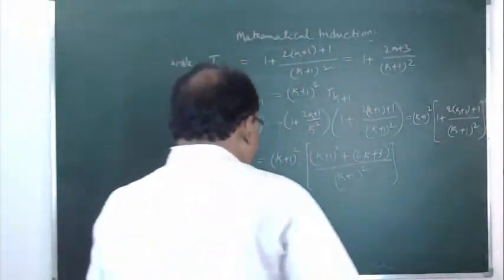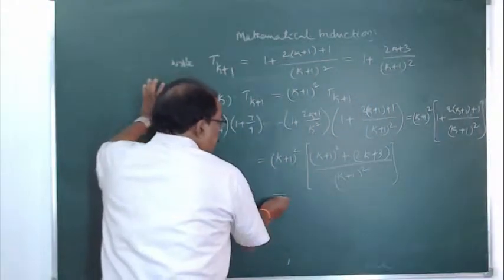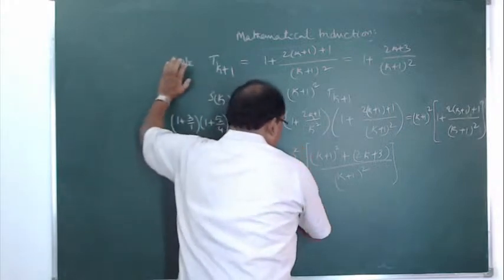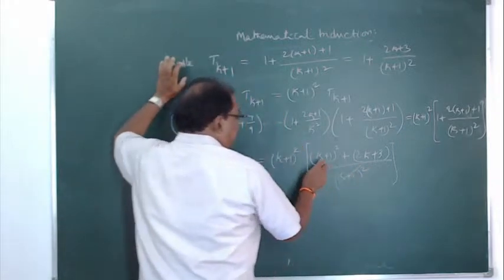Therefore, this is equal to k plus 1 whole square, k plus 1 whole square get cancelled.